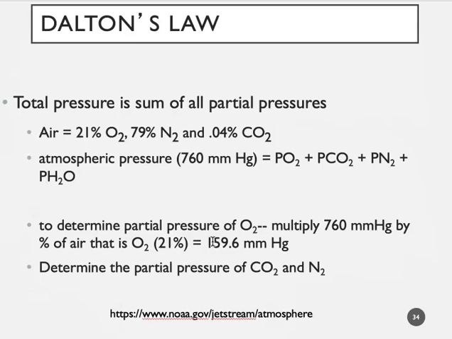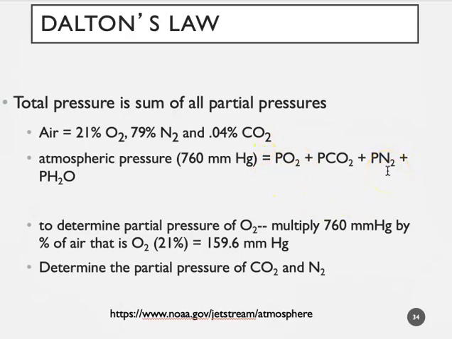If we did the same thing with nitrogen, multiplying 79%, or 0.79, times 760 mmHg, we would get 600.4 mmHg. You can see if you add those two together, they roughly add back up to that 760 mmHg, mostly because we are rounding these numbers.